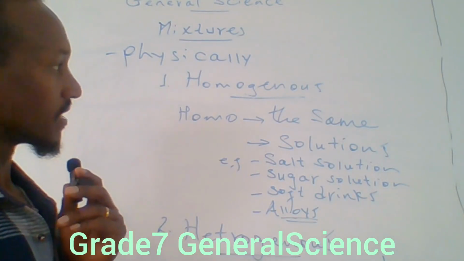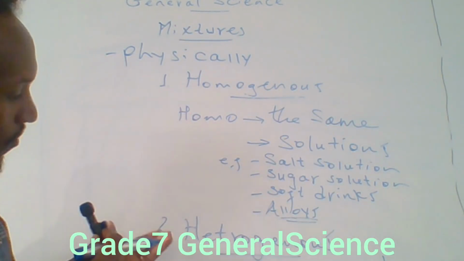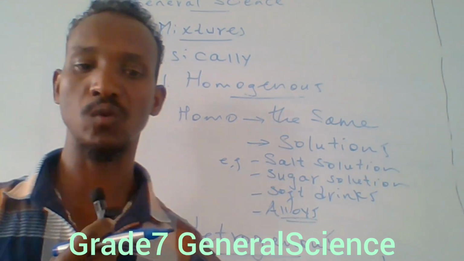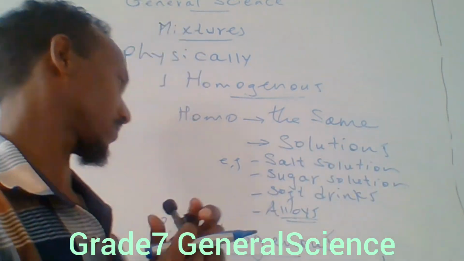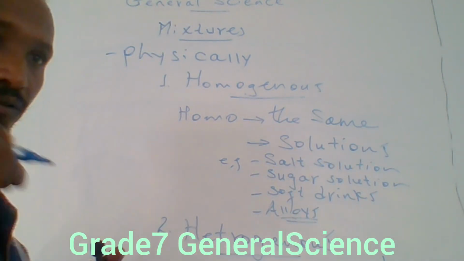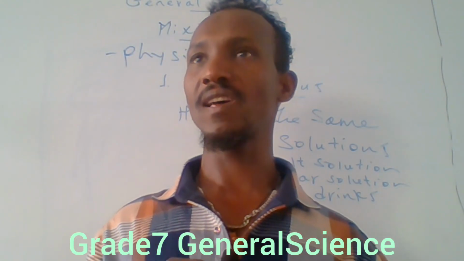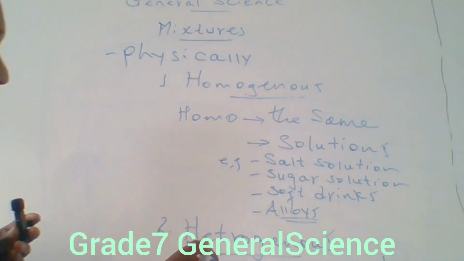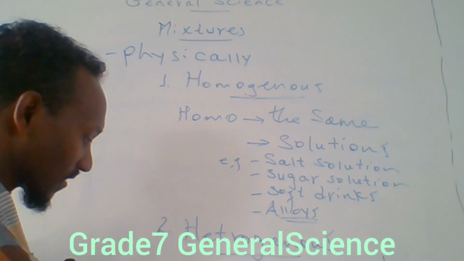Mixtures, homogeneous or heterogeneous, can be separated into their useful components using different mechanisms or techniques. We will see the methods used to separate them. The word hetero means different.